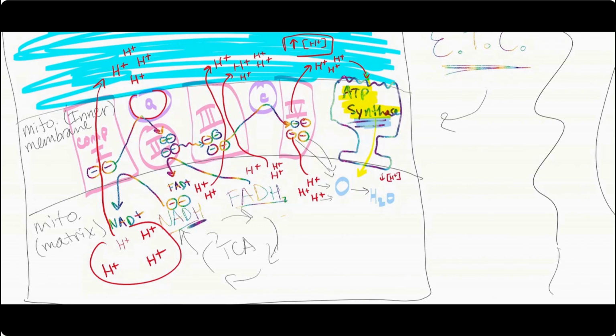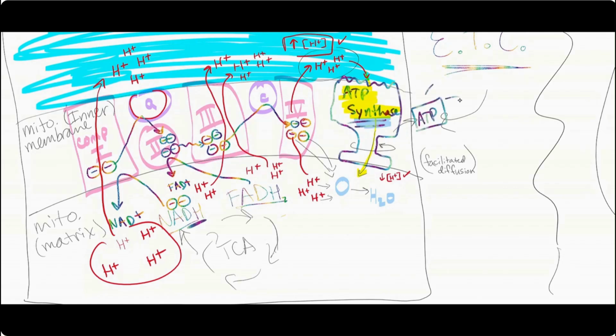Remember going through that earlier in the semester? Yes, so same rules apply. So this is a process, remember, known as diffusion. But since they have to travel through ATP synthase to get back into the mitochondrial matrix, we would call this facilitated diffusion, the passing of those protons through a channel into the mitochondrial matrix. So the facilitated diffusion of these hydrogen ions through ATP synthase actually causes the ATP synthase to spin like a turbine and produce ATP from this process.